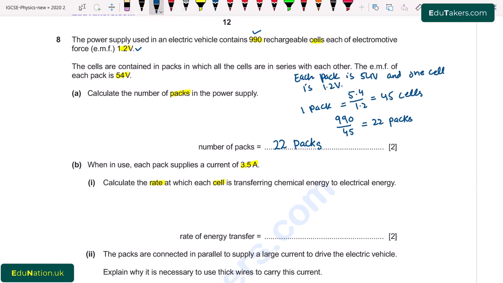The formula of power is P is equal to IV. Current is given, that is 3.5 ampere, multiplied by V. For each cell, EMF is 1.2 volt. It comes to be 4.2. The unit of power is watt. So the rate of energy transfer will be equal to 4.2 watt.